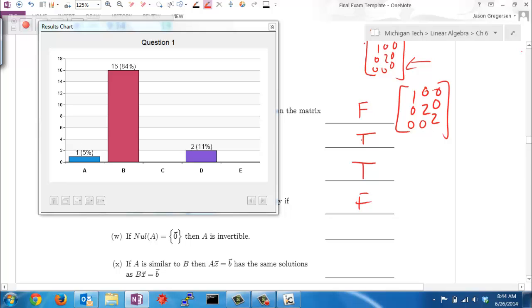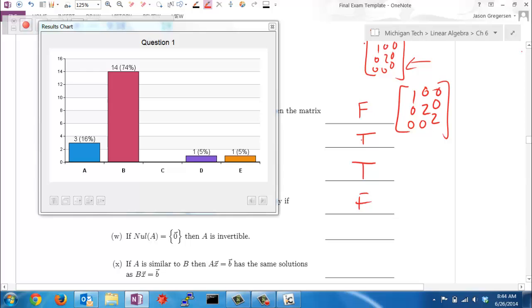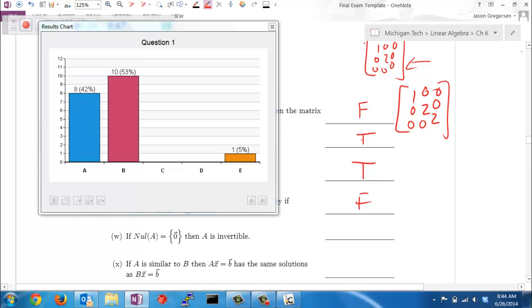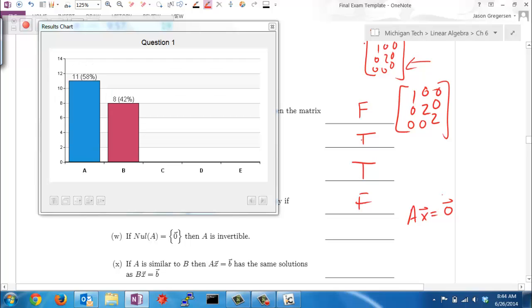If the null space is just the 0 vector, then A is invertible. Think about the homogeneous equation. We're saying here that the only solution to this is x equals 0.